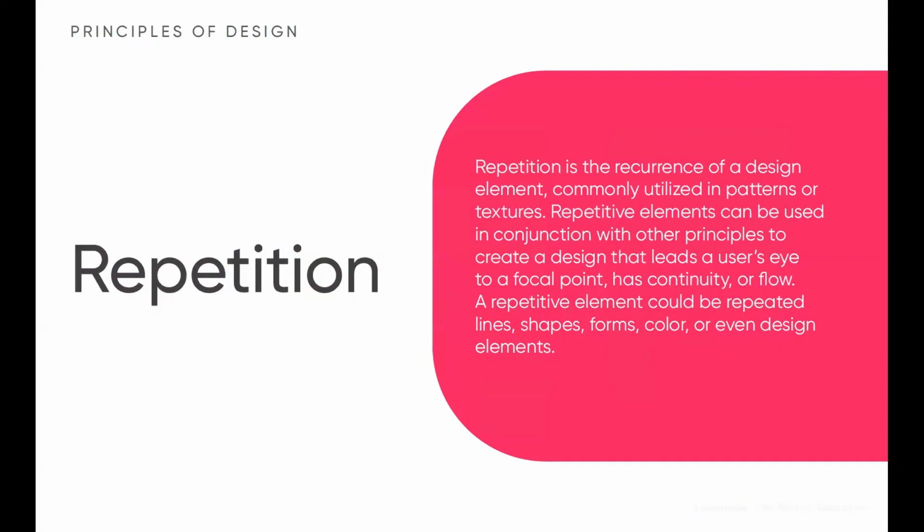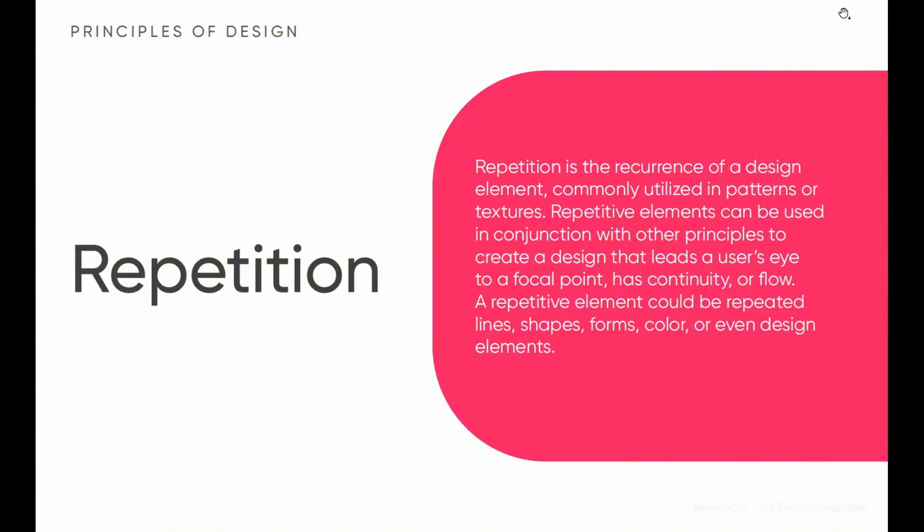Then repetition. I'm sure you have noticed that the other principles have one or two things repeated. Symmetric balance has the same thing on both sides. Contrast has similar objects with different sizes or different color. Emphasis, just one color, repeated around, right?